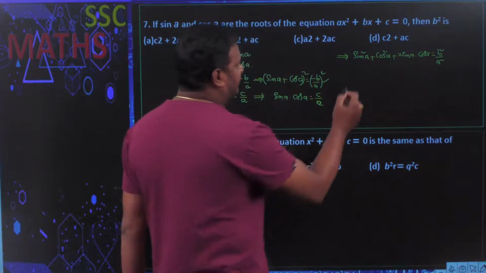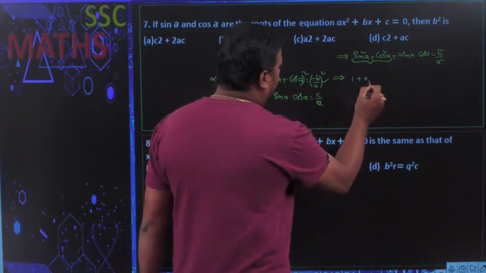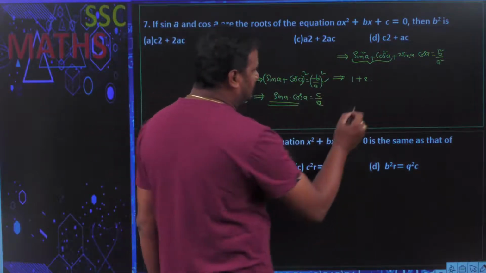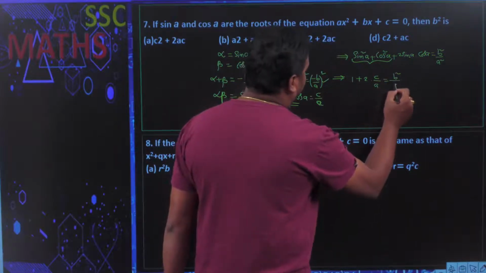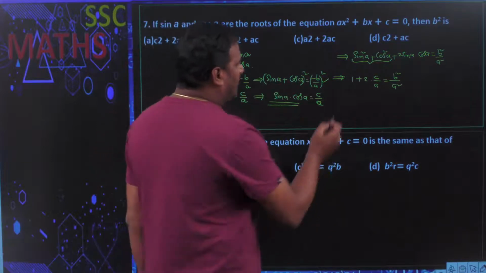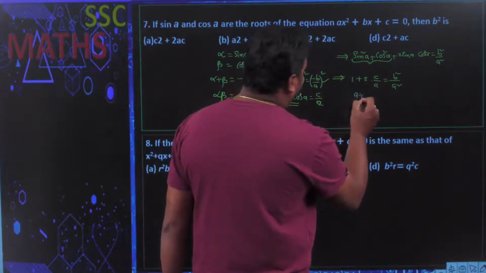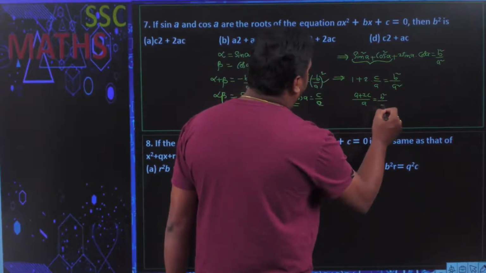But what is the value of sin square A plus cos square A? It is 1, plus 2 into sin A cos A, which is c by a. So 1 plus 2 into c by a is equal to b square by a square. Correct? When you simplify, 1 plus 2c by a gives a plus 2c by a, equal to b square by a square.